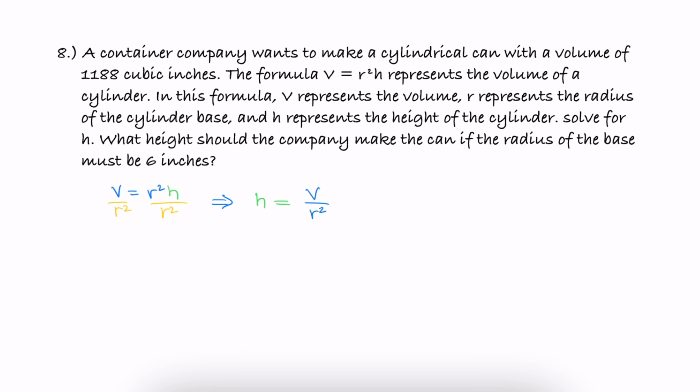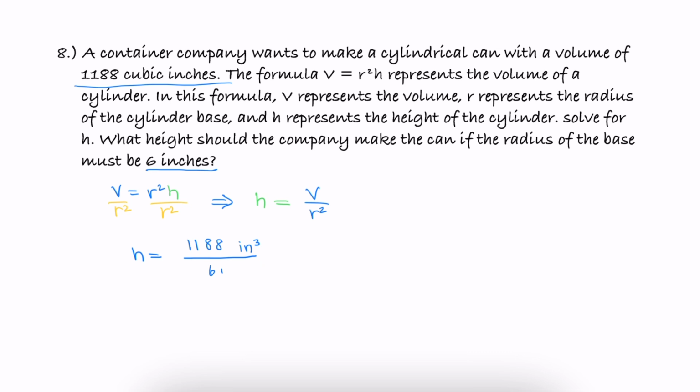And now the question's asking us what height the company should make the can if the radius must be 6 inches. Okay, well, we know that the volume is 1188 cubic inches, right? So then h equals 1188 inches cubed over, and r must be 6 inches.